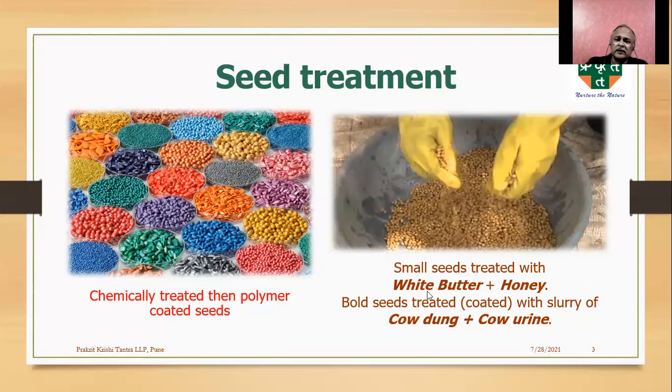Farmers used to treat the seeds with fresh white butter and honey, and the bold, large-size seeds with cow dung and cow urine slurry. You treat the seed and then keep it in sunlight for two to four hours. Let it dry, and then either store it for sowing in the next few days, or sow it directly as per your plan.